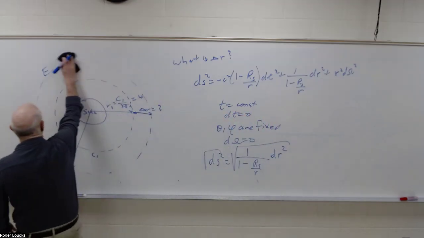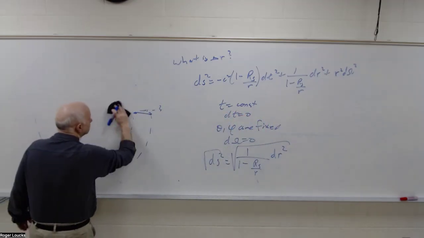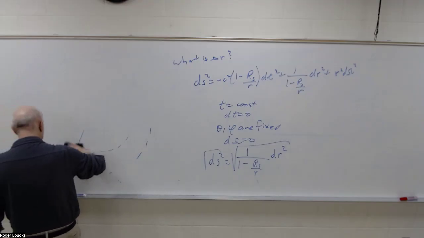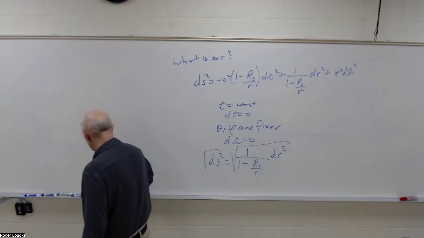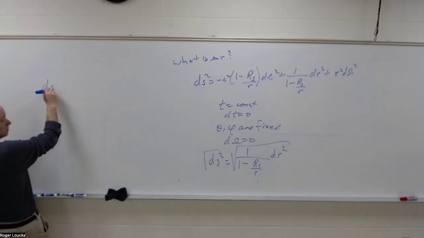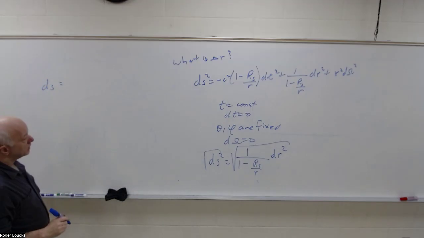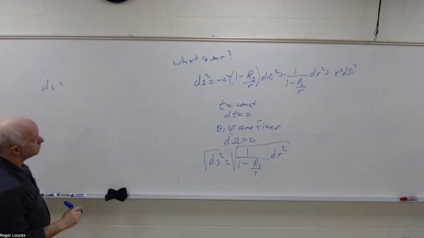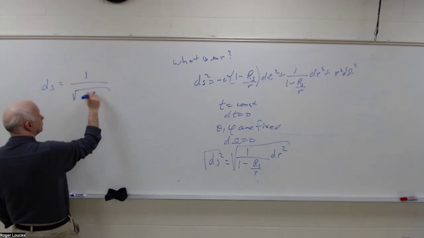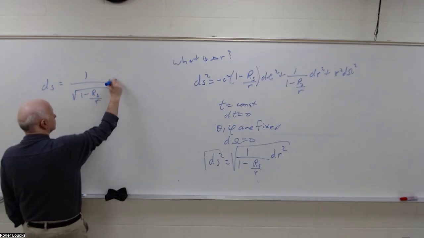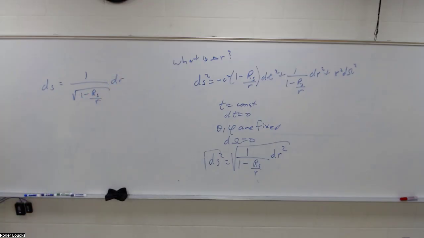And this tells us that the ds, which is again what we measure, is that. So what would we do? Integrate from 4 to 5.